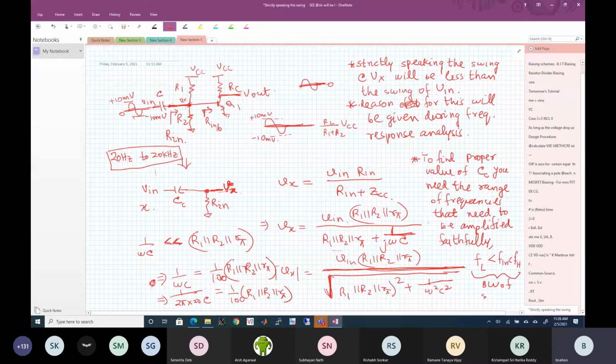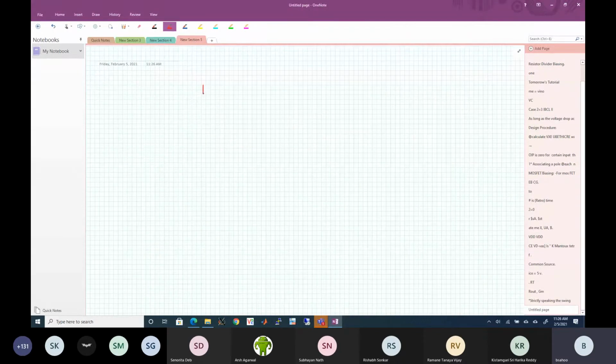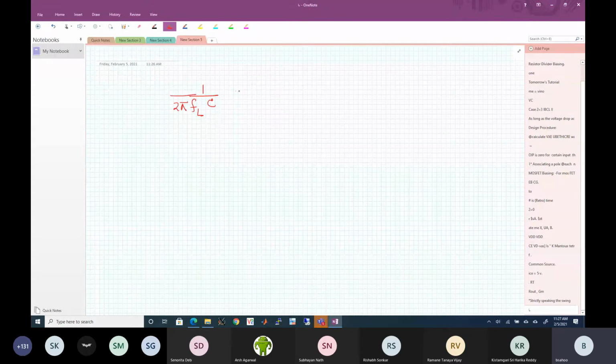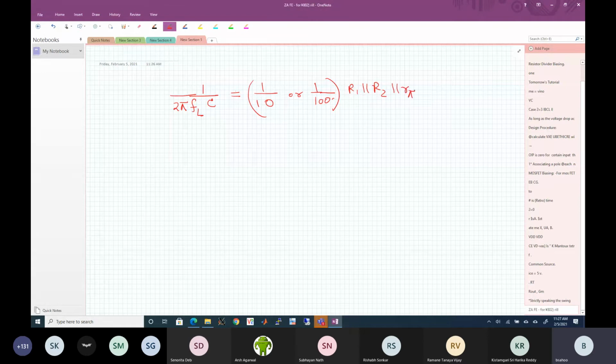Now, the criteria is that the capacitor is sized by the lower limit of the frequency times the capacitor times 2 pi, to convert from hertz to radians, should be equal to either 1/10 or 1/100th, whatever, depending on how good you want, if you can afford that large capacitor, of R1 parallel R2 parallel R pi.